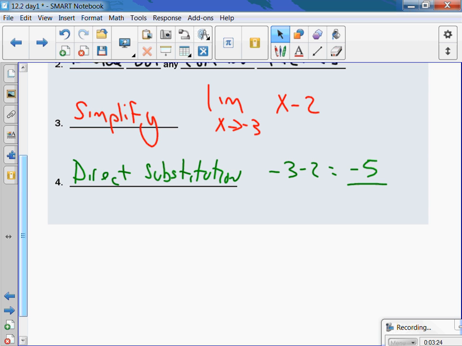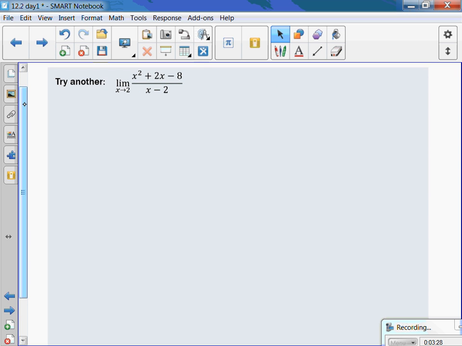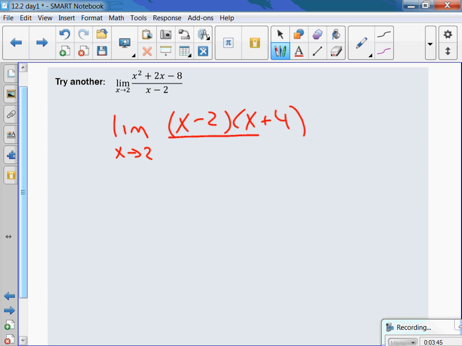Okay. So, let's try this one. Step 1, can I factor it? In particular, when you're doing these type of problems, and direct substitution didn't work out and you think there's going to be something to factor, if you factor the numerator and denominator, use that as a cue.